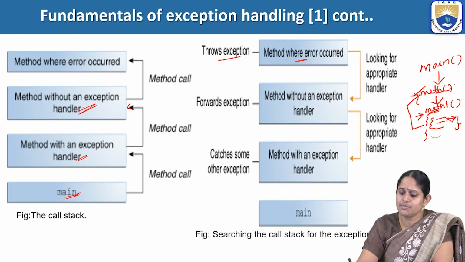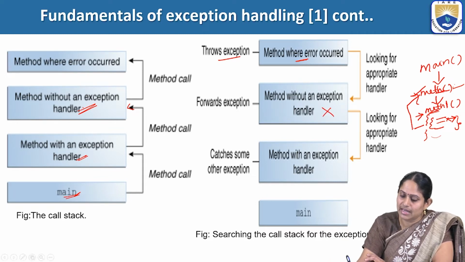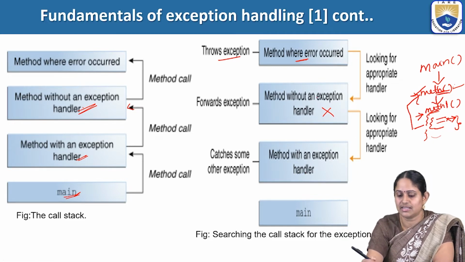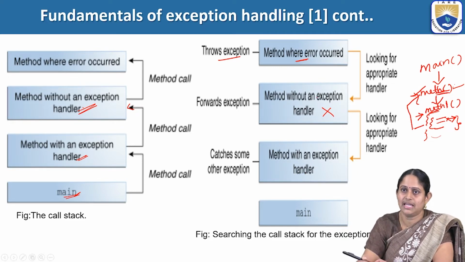At this point again, it will check whether there is any exception handling. Let's say at this point it has some exception handling. Here it could be a 3-level method chain, but I have given only 2 levels. So at this point it found that there is an exception handler.